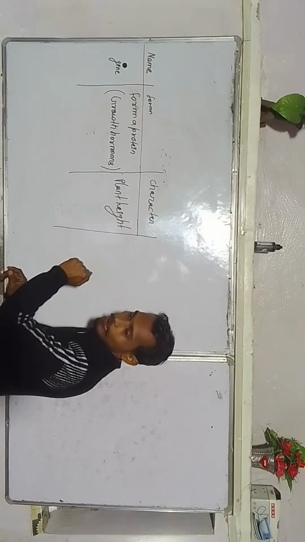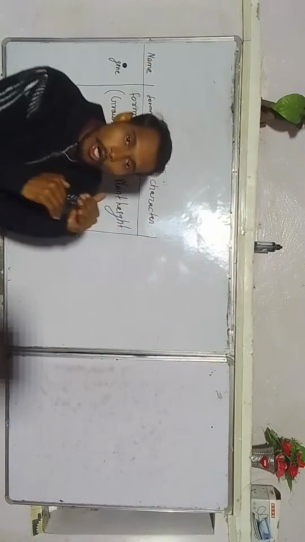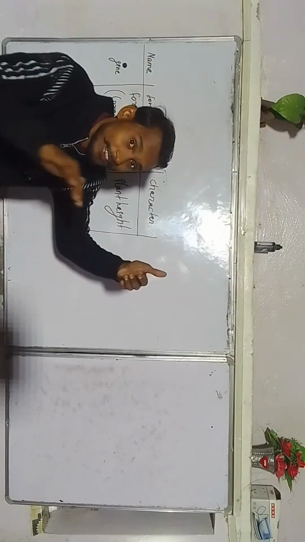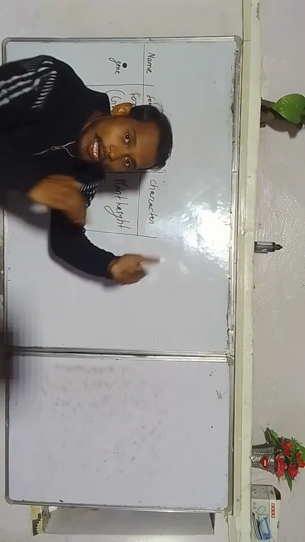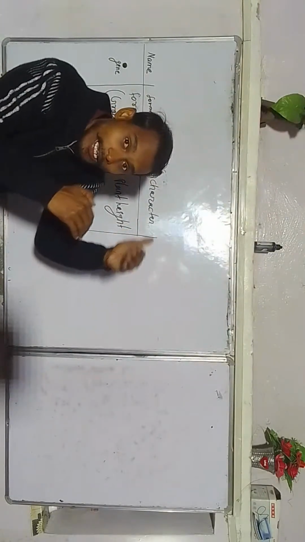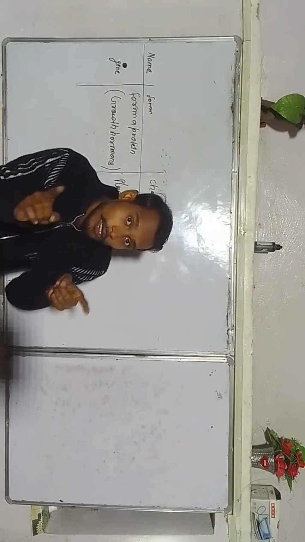Plant height. You know that a plant may be tall and a plant may be short. Short means dwarf. So tall and dwarf is the height of a plant. What is tall and dwarf?